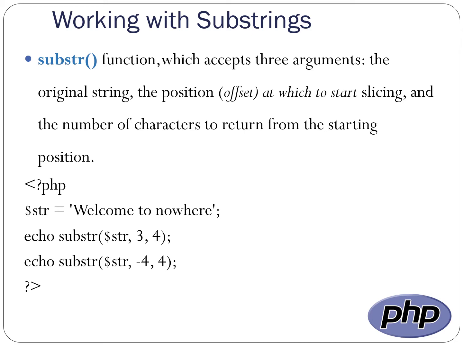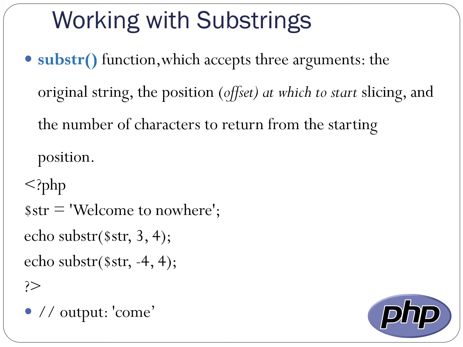So here we have an example: PHP $str is equal to welcome to nowhere. Then echo substr $str, 3, 4. So here what happens is, from the third position onwards 4 characters will be extracted.